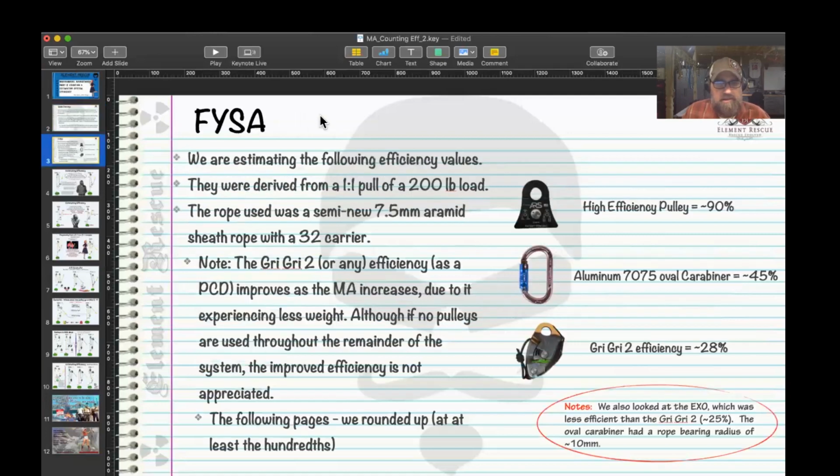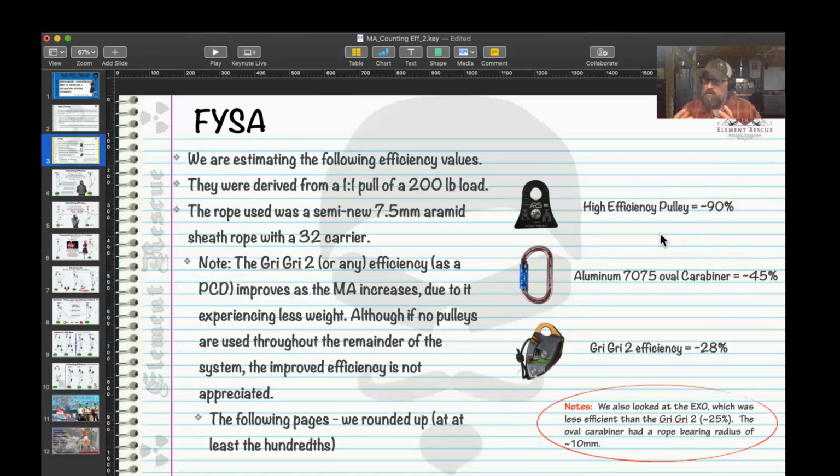For your reference, this is what we need to be cognizant of: we are estimating the following efficiency values. This is what we're going off of for most of the slides in here, except where something else is denoted. A high efficiency pulley, one with sealed bearings, is about 90%, roughly plus or minus.